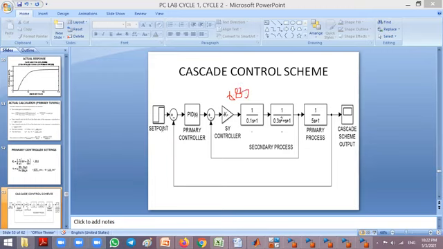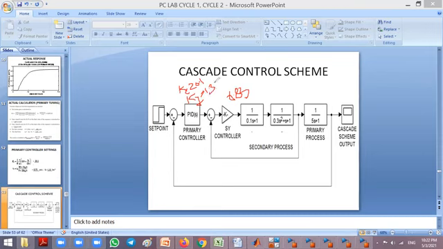Here in the primary controller you implement PI mode, with Kc as 20.1 and Ki as 1.32. Okay, Ki is 1.32.